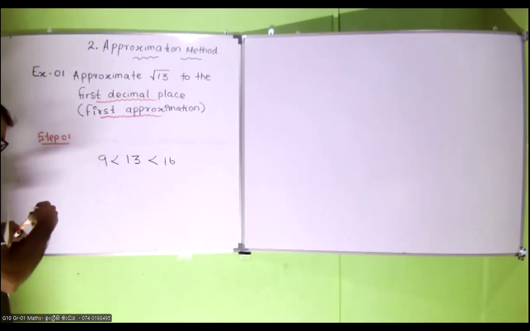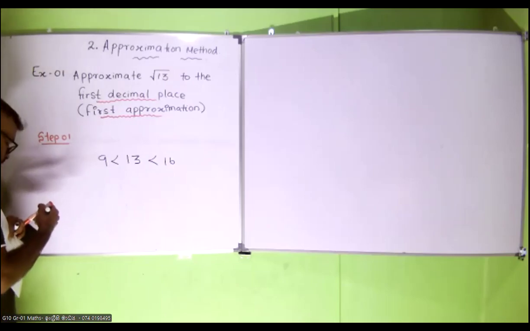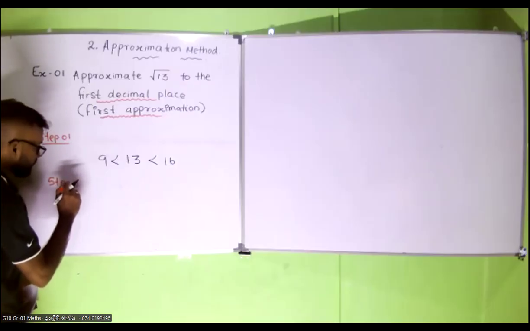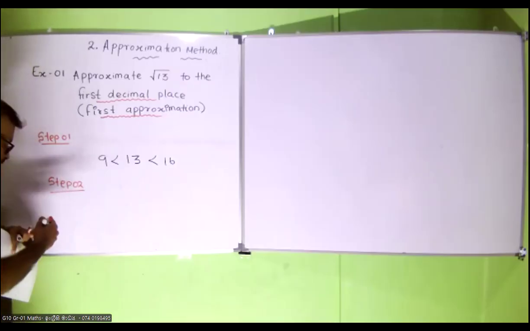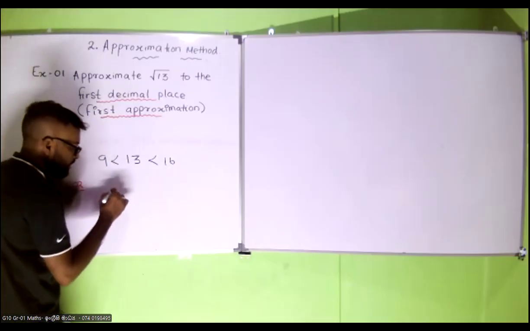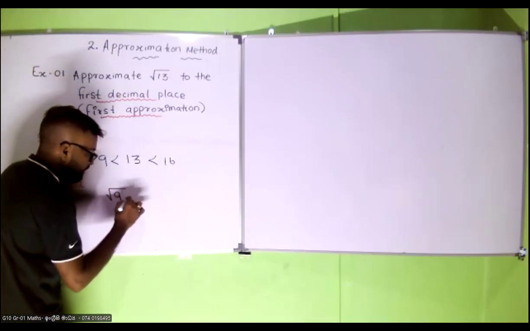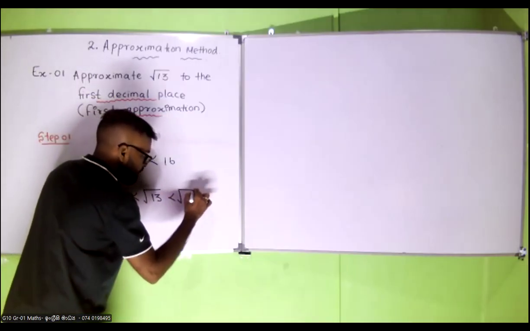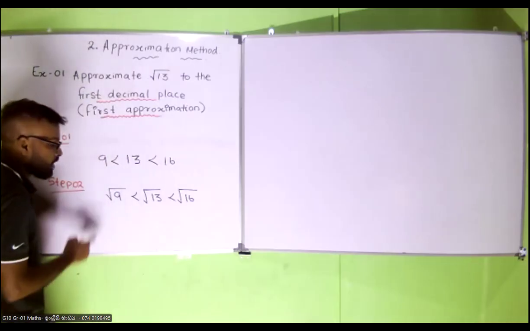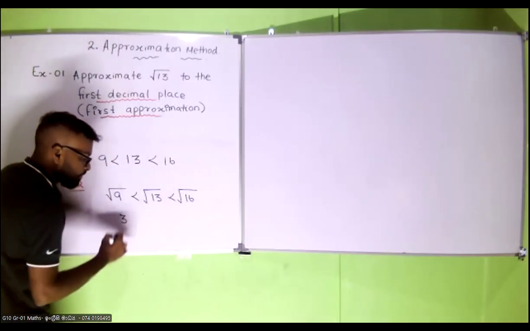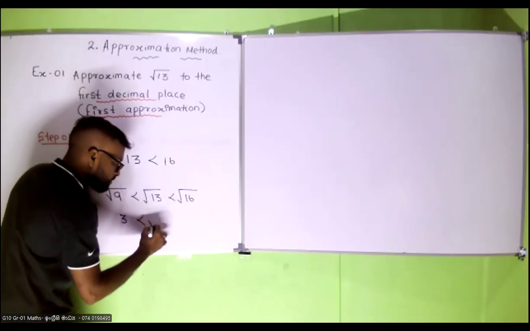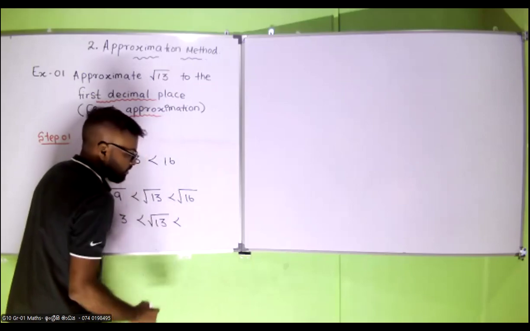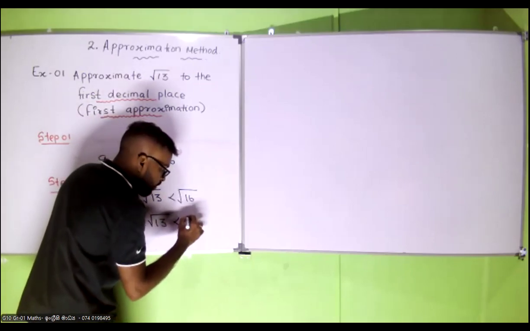Then in step number 2, you have taken the square root of these: square root of 9, square root of 13, square root of 16. Square root of 9 is 3. We are going to find the square root of 13, so keep as it is. Square root of 16 means 4.